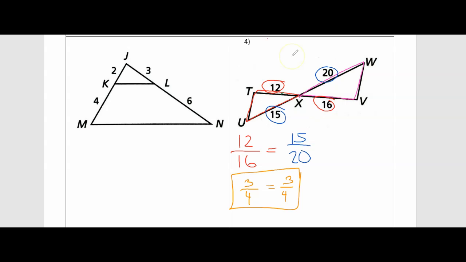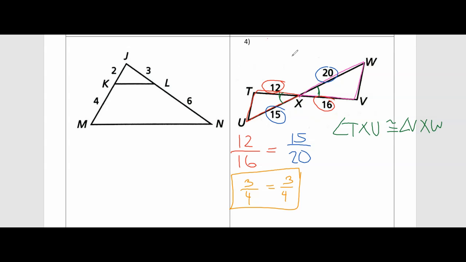Is there a way for us to prove that these angles right here are congruent? Well, of course there is, by the vertical angles theorem. So I can say angle TXU is congruent to angle VXW.